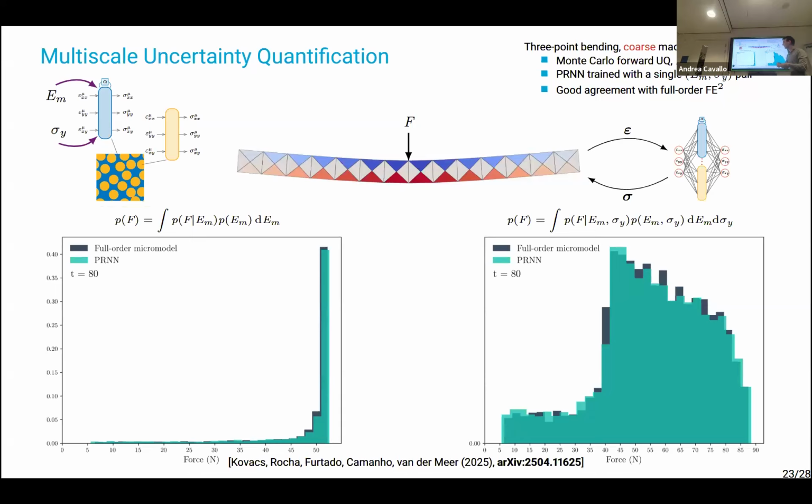And I don't exactly know how stiff the material is. So I want to do a Monte Carlo simulation. But for each Monte Carlo sample, I need to run this multi-scale model. So that's quite expensive, right? If we instead just train the network for one value and then just change that value, we can do UQ, uncertainty quantification.